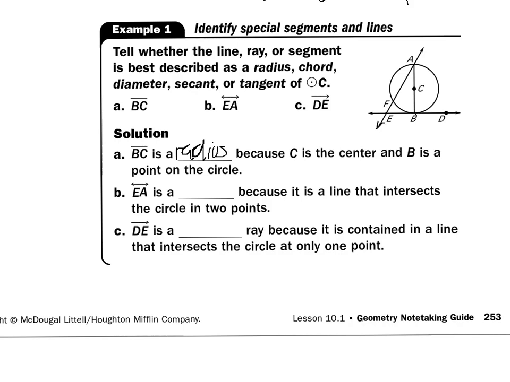It's a line, so it goes on forever. It intersects at 2 points, so it is a secant. Ray D to E is a ray, touches the circle at point B, so it is a tangent.